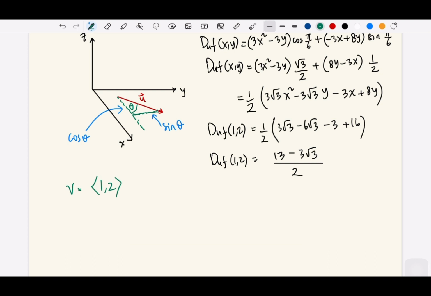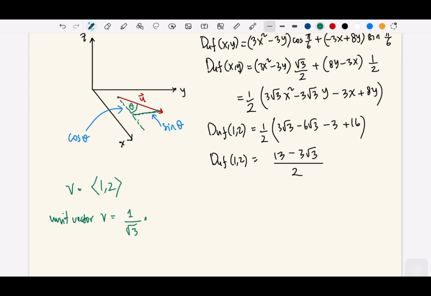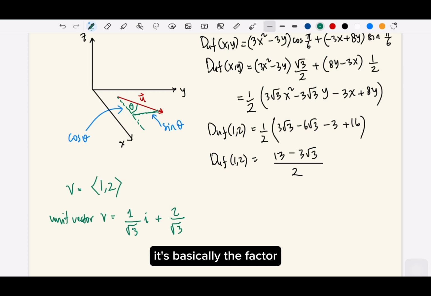The unit vector is basically 1 over the magnitude times the vector, so that the magnitude is equal to 1.